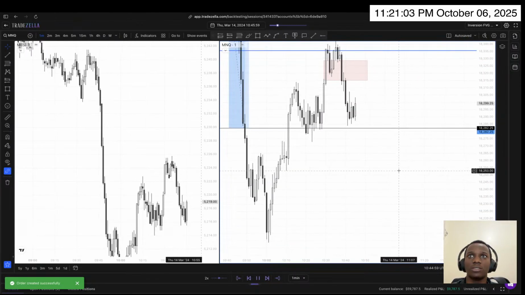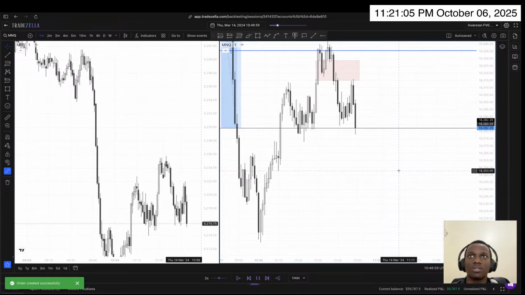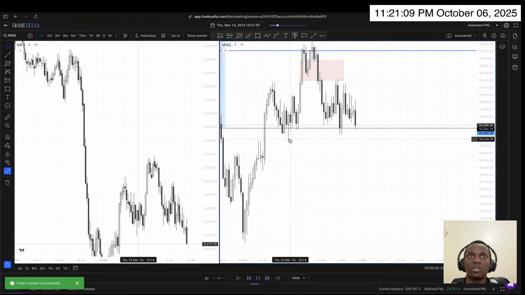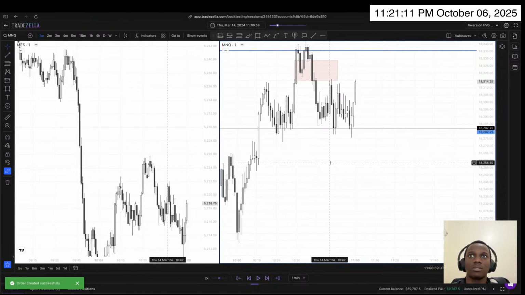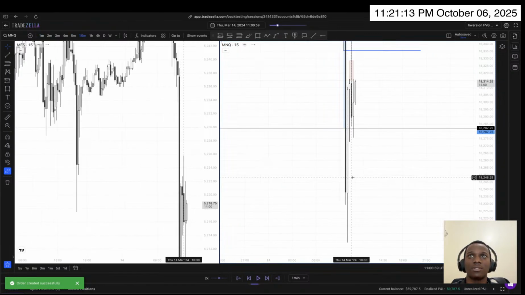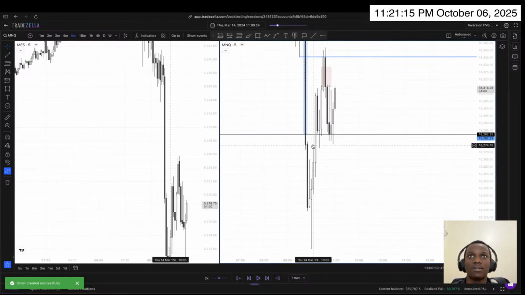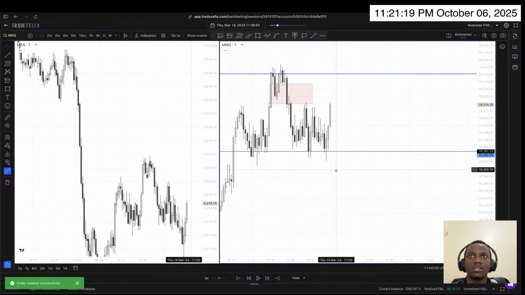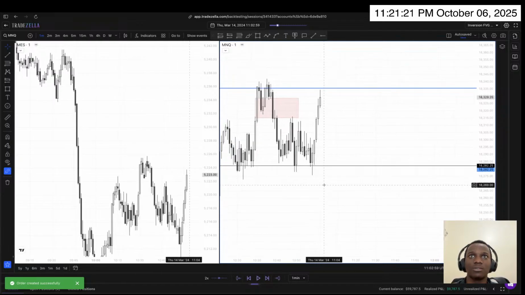Come on, just drop this low here, SMT 15, 5. A replacement with an SMT right inside there, no inversion or anything of that sort.